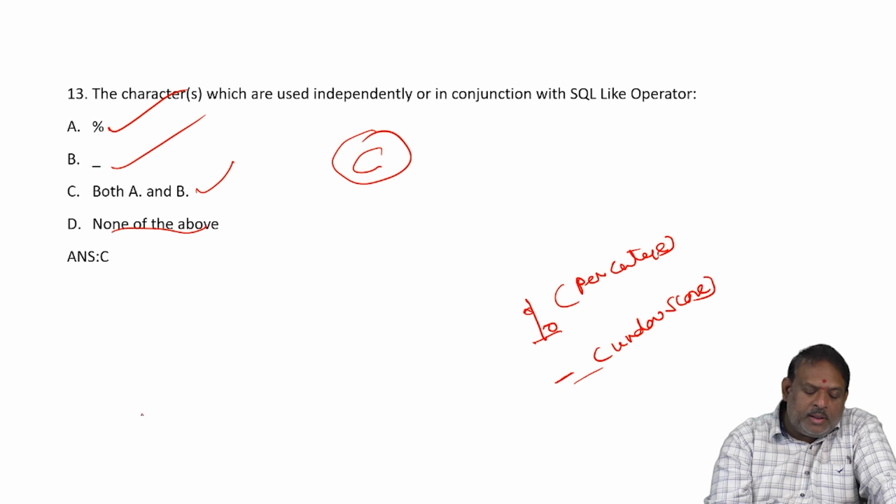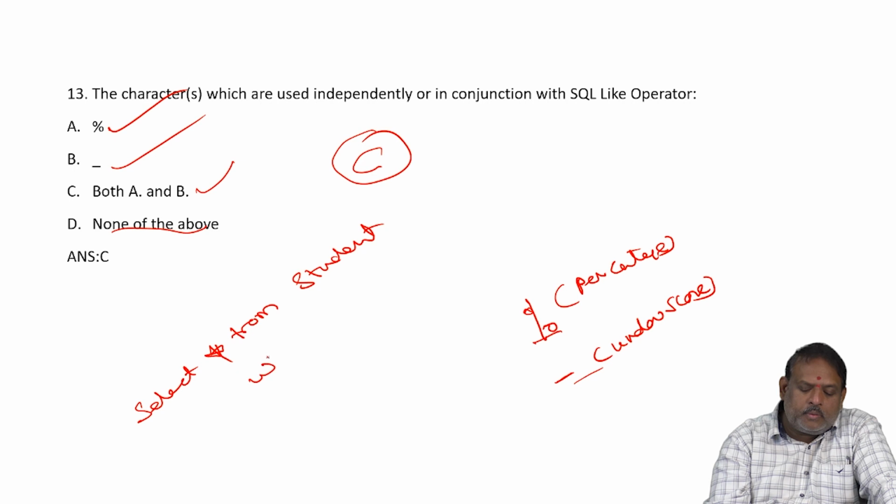For example, you want to use the percentage. I'll write something like this: select star from student where name like '%A%'.